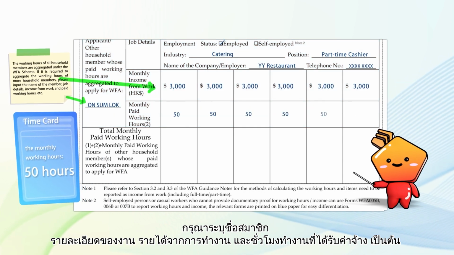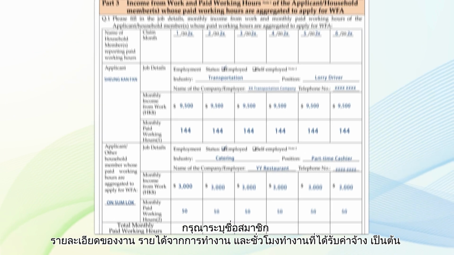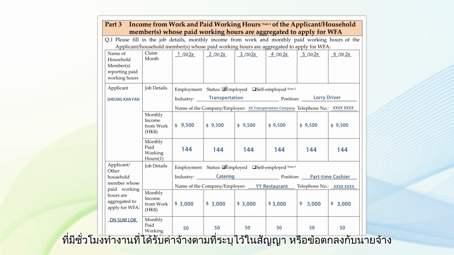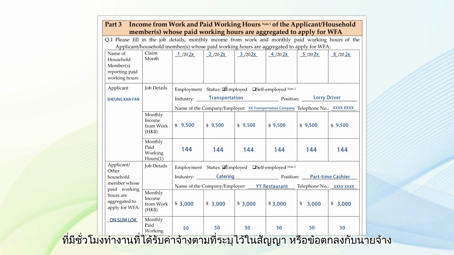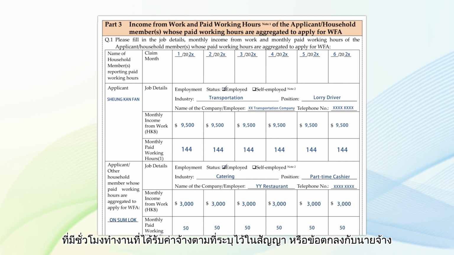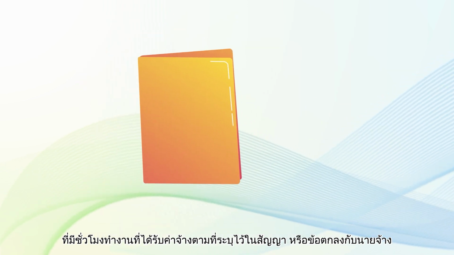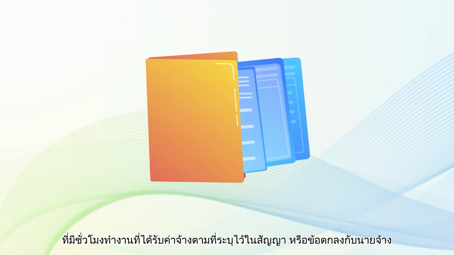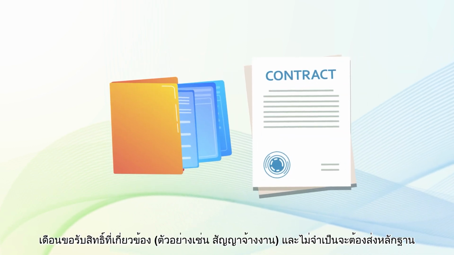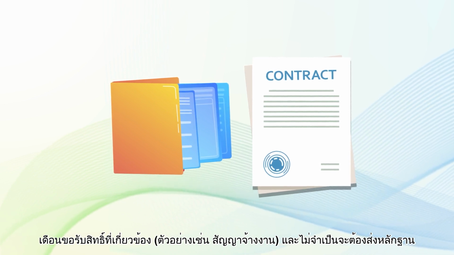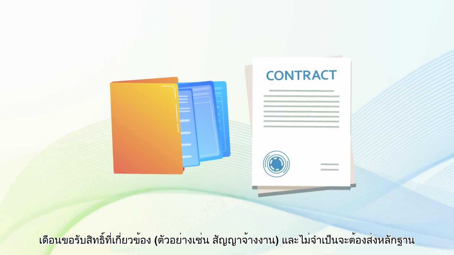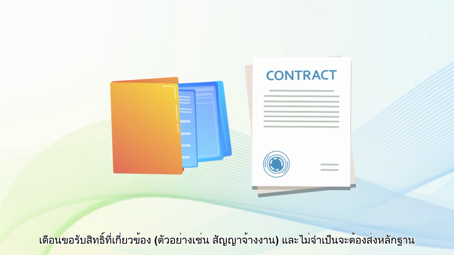If the applicant or household member whose paid working hours are aggregated is an employee with the paid working hours specified in a contract or agreement with the employer, only one set of documents reflecting or proving the agreement with the employer for the relevant claim months, for example, the employment contract, has to be provided, and there is no need to submit the proof of working hours on a monthly basis.